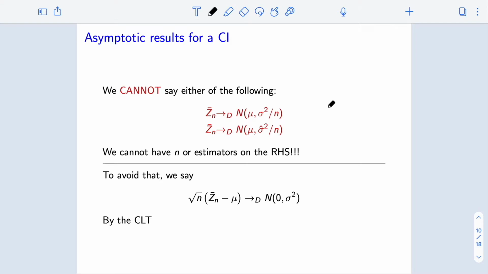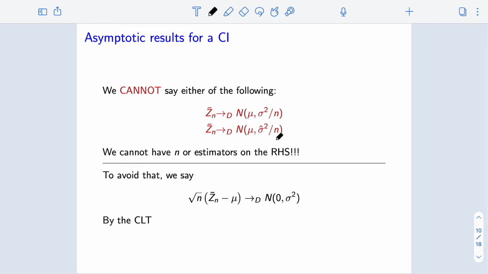And this is why earlier I talked about zooming in, because the zeroth order behavior of the sample mean is that it converges to a point, right? That's what the weak law of large numbers tells us. And the central limit theorem is telling us about the behavior of the sampling distribution around that point as we zoom in. And again, that's why we had to think about scaling up by square root of n. Now, if we look at this second statement, things are even worse.